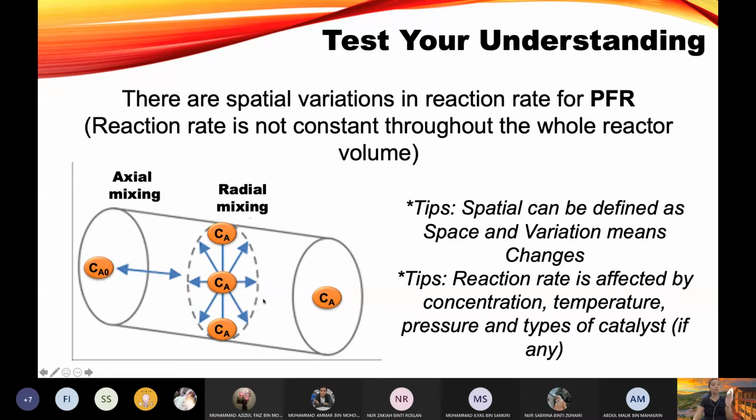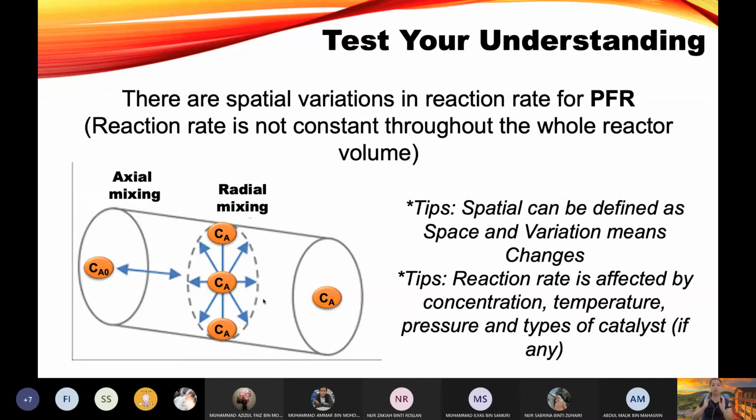So katakan daripada permulaan reaktor tu in comparison to the middle of the reactor, in comparison to the end of the reactor, definitely the concentration will not be the same because the longer the reactant stays and travels across, definitely lebih banyak akan converted.